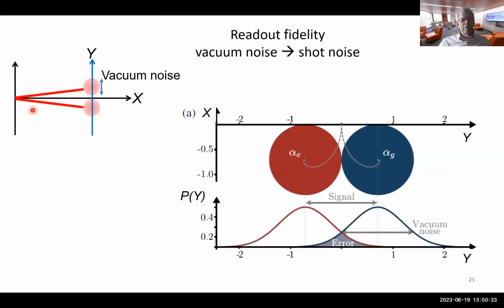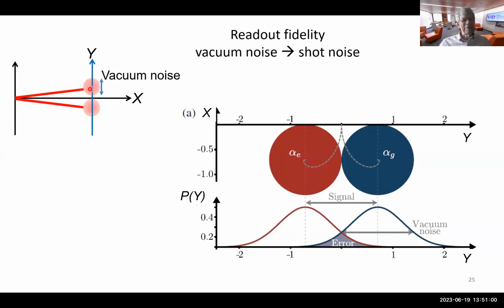So here's the outcoming microwave state, think of this as position and momentum, or the I and Q quadratures. If the qubit is in one state, you get this phasor. If it's in that state, you get that phasor. And because position and momentum of the oscillator, the electric and magnetic field, are canonically conjugate, there's an uncertainty relation.